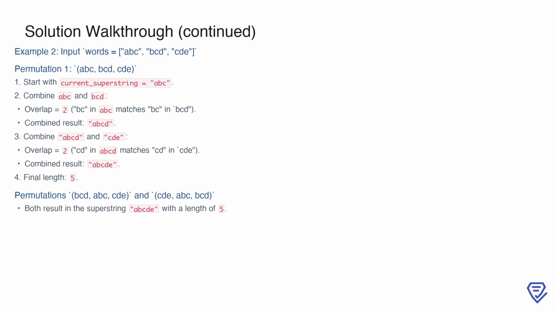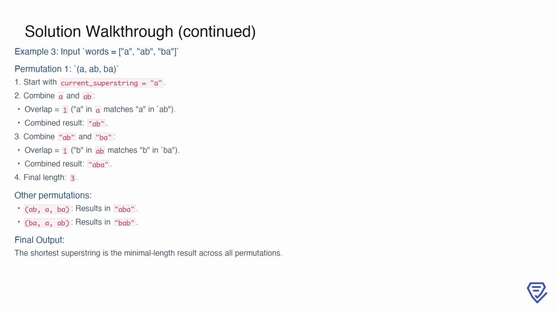Next, combining ABCD with CDE, we find another overlap of 2, where CD matches, leading to the final superstring ABCDE with a length of 5. Repeating this process for the other permutations, such as BCD, ABC, CDE, and CDE, ABC, BCD, we see that all produce the same superstring ABCDE with the same length of 5. Thus, for this example, the shortest superstring is ABCDE.